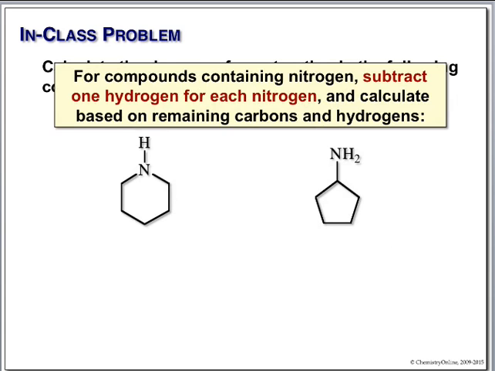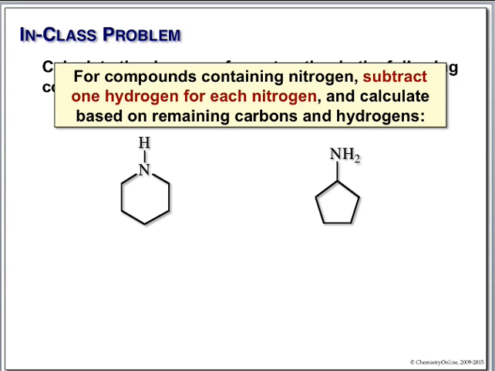For nitrogen, because it forms 3 bonds, what you have to do is take your molecular formula and subtract the nitrogen and 1 hydrogen for every nitrogen. So we're subtracting an NH from our formula. That's because nitrogen is trivalent.